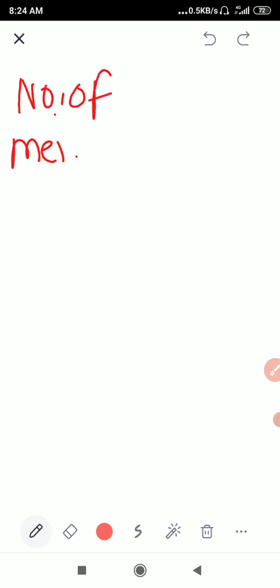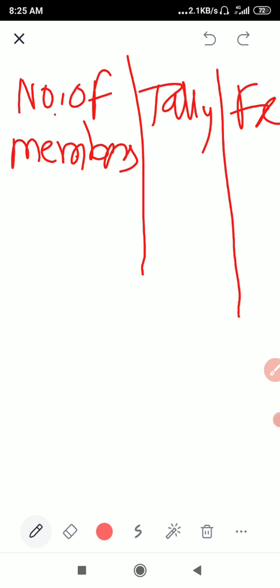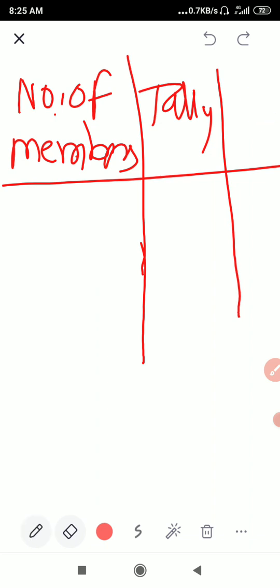Number of members, tally mark, and frequency. So here I will write n.